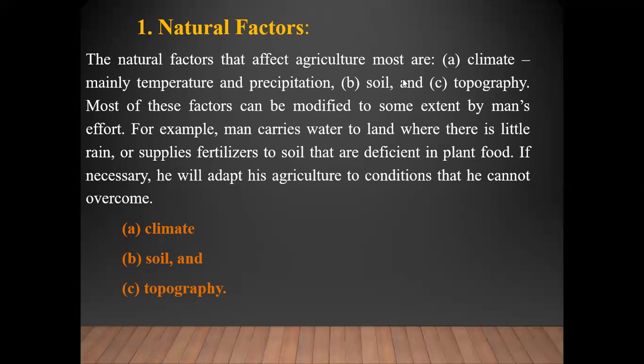Temperature determines the growth of vegetation through determining the length of the vegetative period. Successful agriculture therefore requires a fairly long summer. In higher latitudes, however, the shortness of summer is compensated by the longer duration of the day.